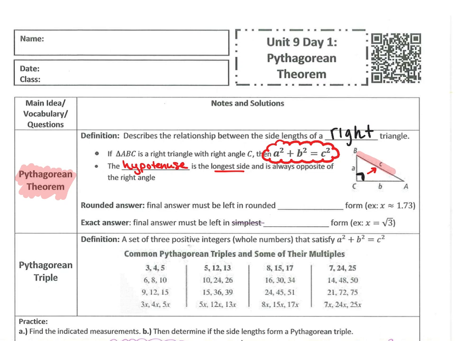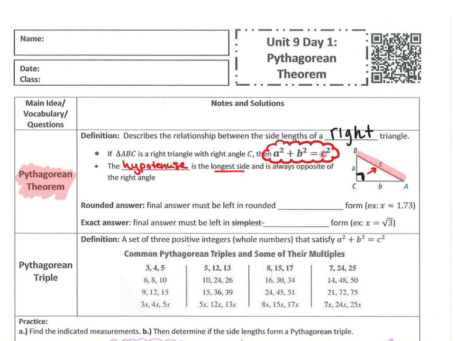So for us, I just want to highlight side length C every single time. So we're going to be highlighting our hypotenuse so that we know which one's the hypotenuse versus the leg. The hypotenuse is also the side length C. So we want to make sure that we're always making that longest side, the hypotenuse, the C value.